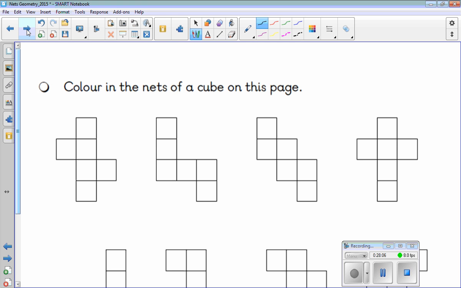There are 11. We're going to skip that one because it's kind of on the back. But I'll tell you which one doesn't work eventually. So try to figure out which 11 of these work.